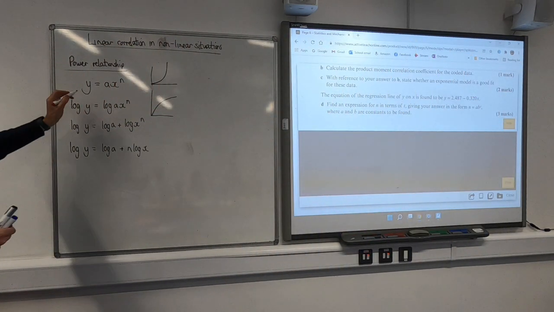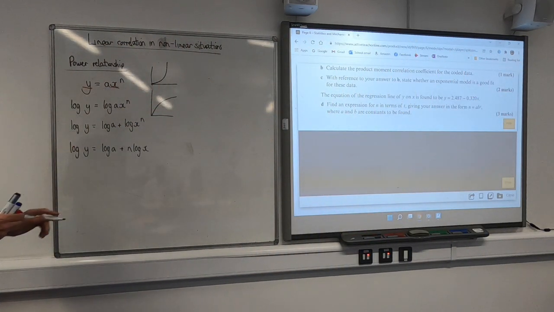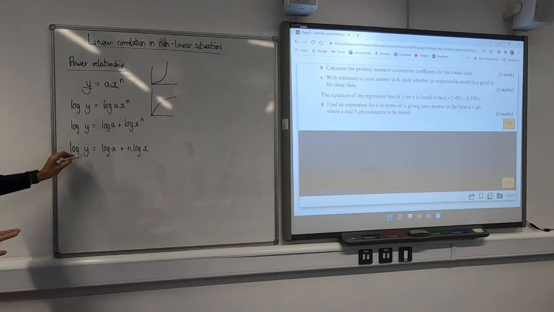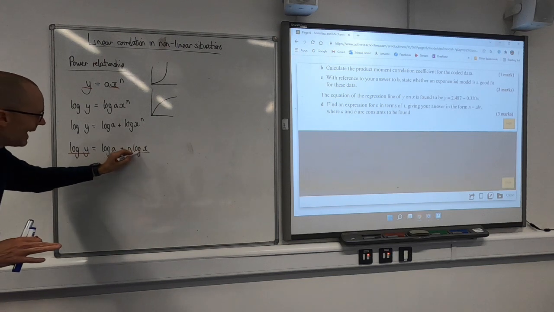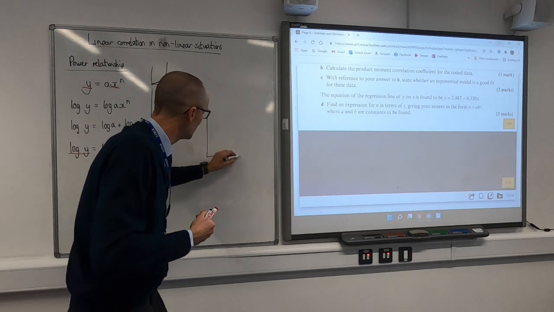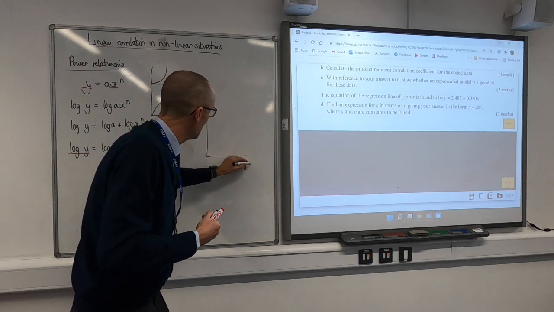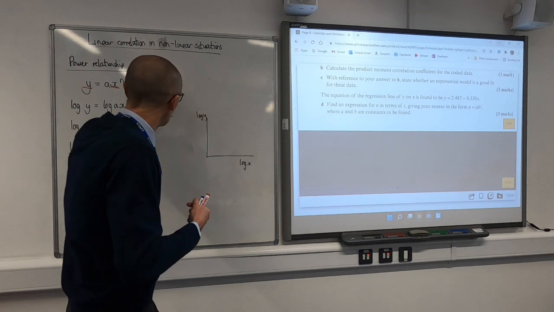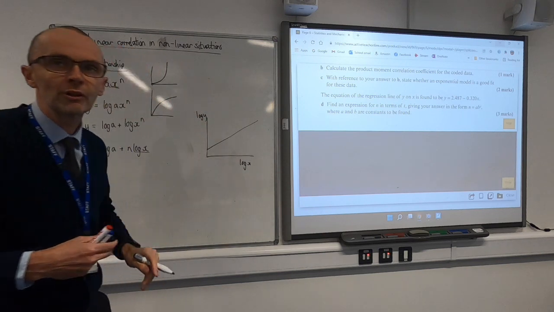Remember, my variables are y and x. Look what happens when I've gone through the log process. I've now got log of y and log of x. If I want to test for a power relationship using linear correlation, I need to log both variables. And that will give me, if it is a power relationship, a straight line.